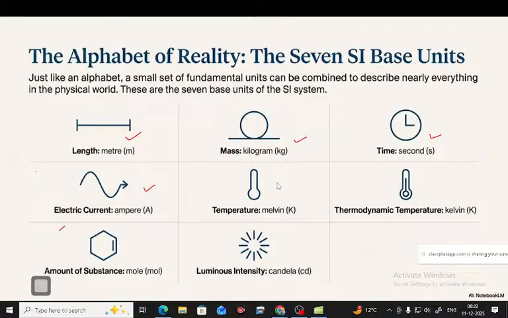Thermodynamic temperature is measured in Kelvin. Amount of substance is measured in mole, and luminous intensity is measured in candela. So 1, 2, 3, 4, 5, 6 and 7. There are 7 fundamental units.